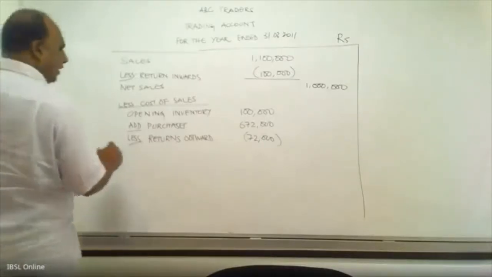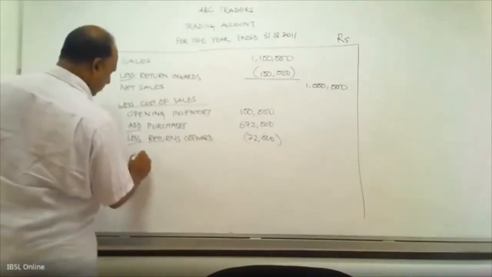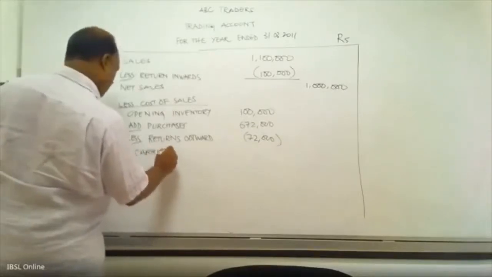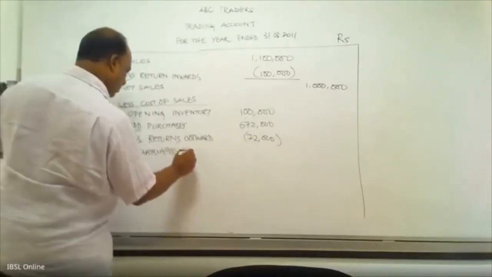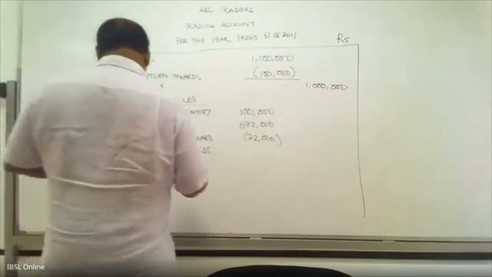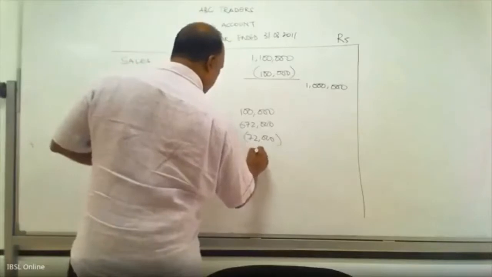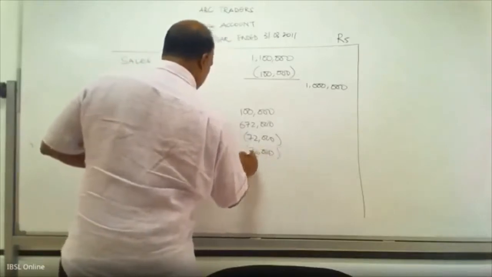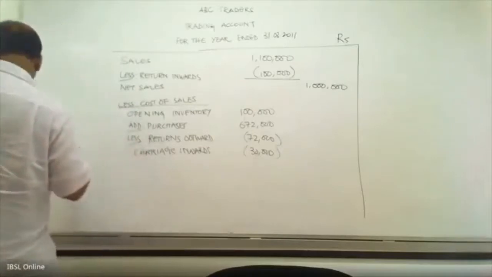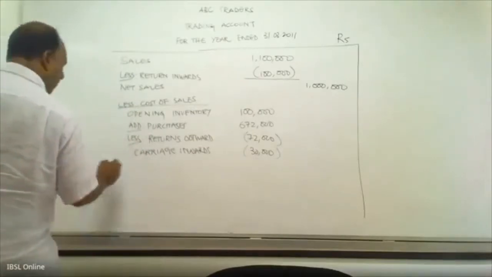Then you also have carriage inwards. That is 30,000. Then you have wages, 50,000.